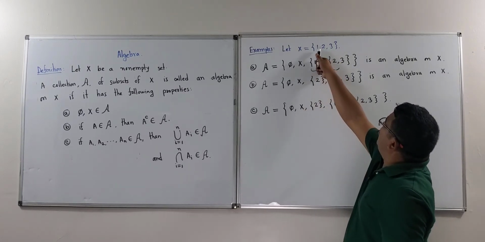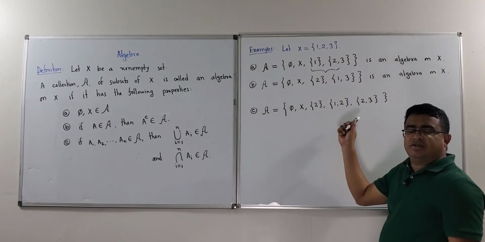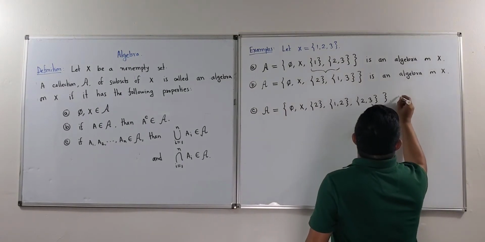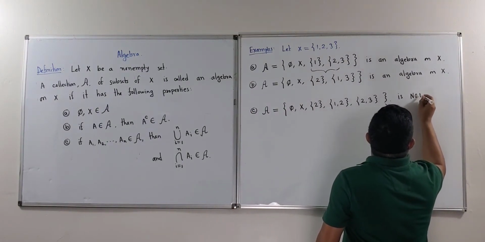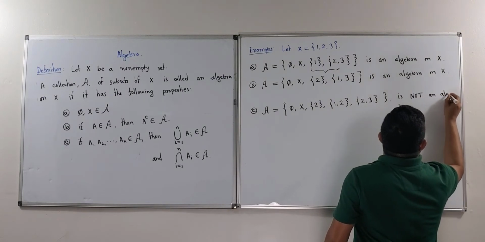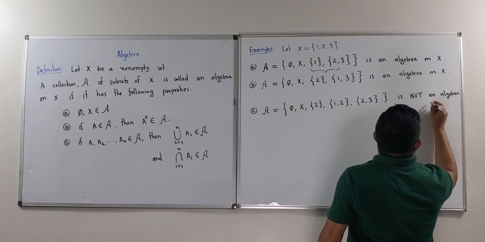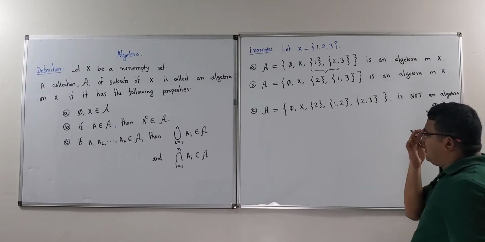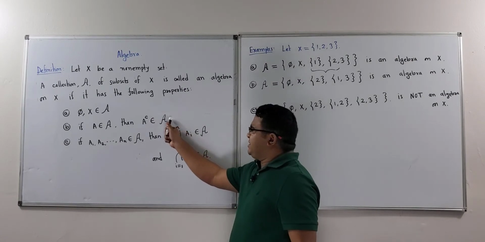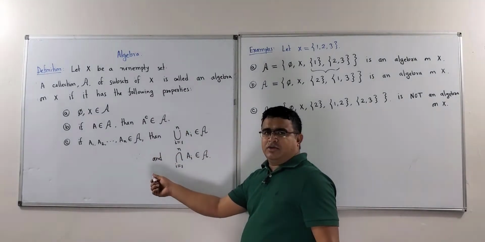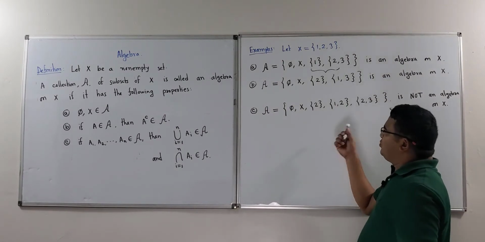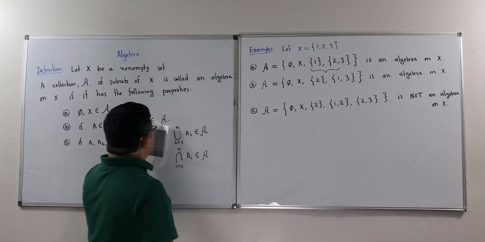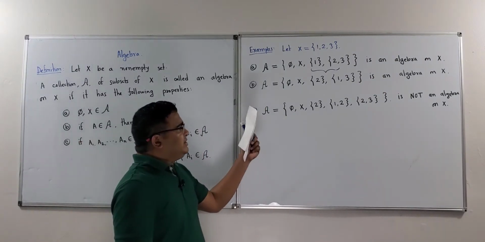But {1, 3} is not here. {1, 3} is not in that collection. So this is not an algebra on X. Okay. If this one doesn't satisfy, then we do not need to check the third one. Maybe it doesn't satisfy more properties from the third one, but since it doesn't satisfy the second property, we can conclude that this is not an algebra.